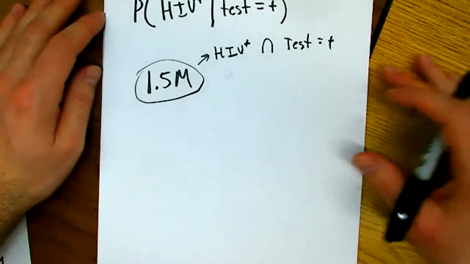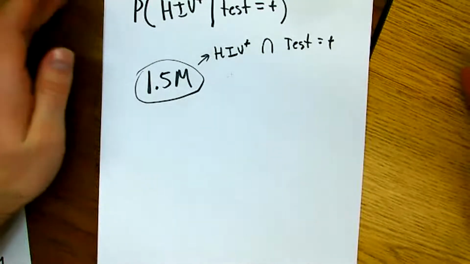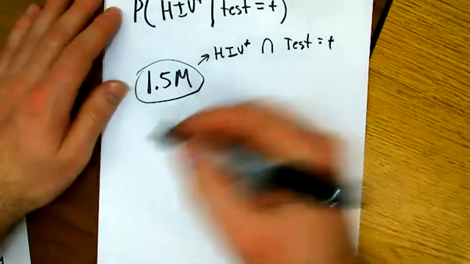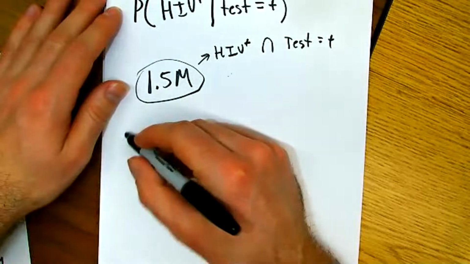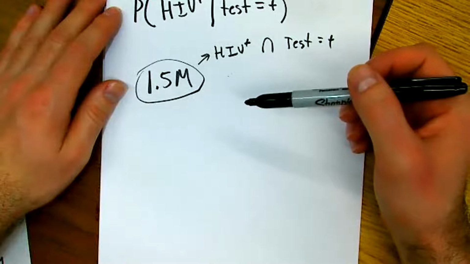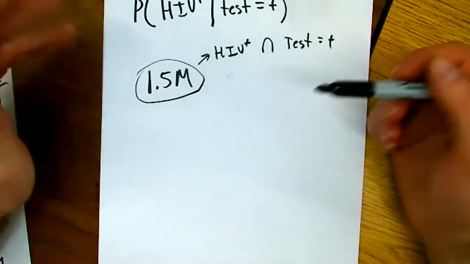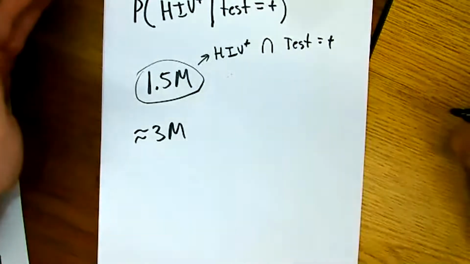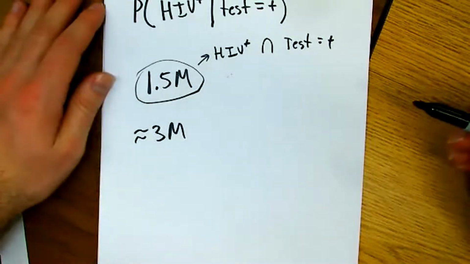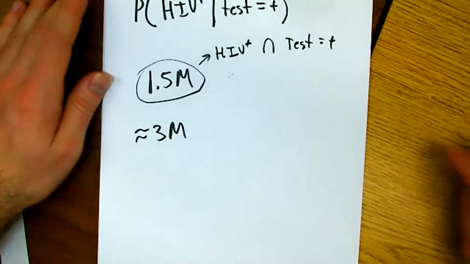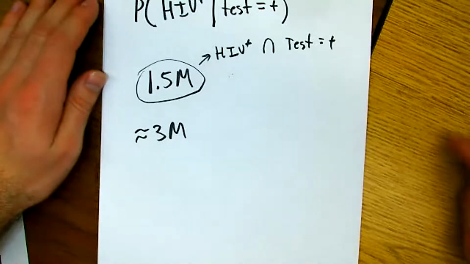Well, the false positive rate was 1%. So 1% of almost 300 million is going to be a little bit lower than, but approximately, 3 million people who are going to not have the disease, but have a positive test result.